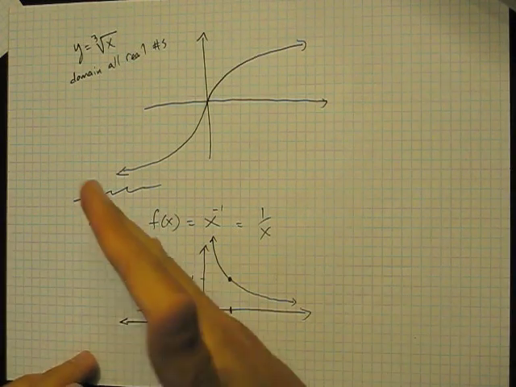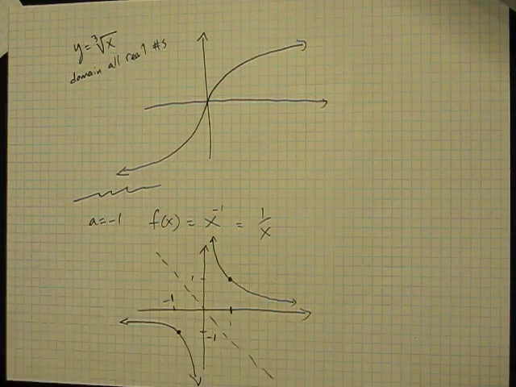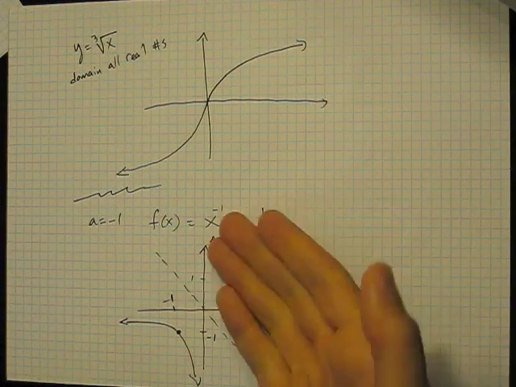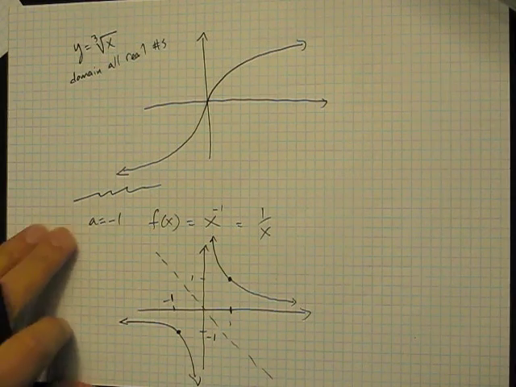And if you were to look along this 45-degree inclined diagonal line with negative slope, this would look like a reflection. So this is the graph of 1 over x.